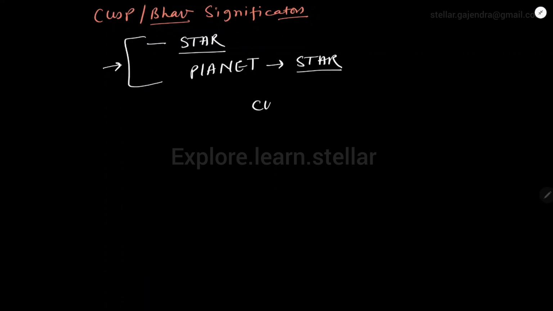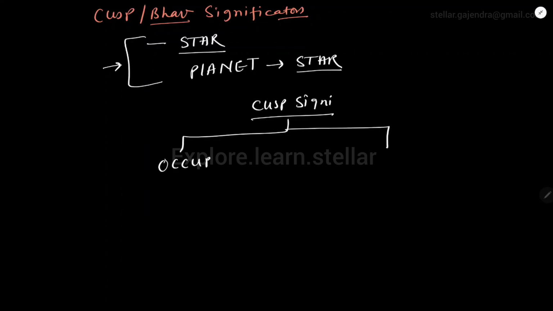So the cusp significator can be identified in two ways. One, via the occupancy, and second, via the ownership.